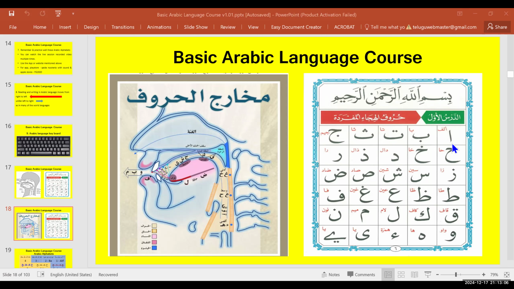Here it is alif. There is no prolongation, you have to limit it. ALIF, not ALEEF. That's only a little bit of correction. The rest everything is correct.